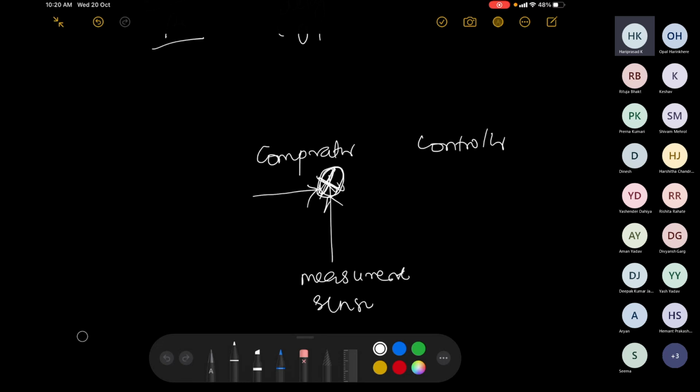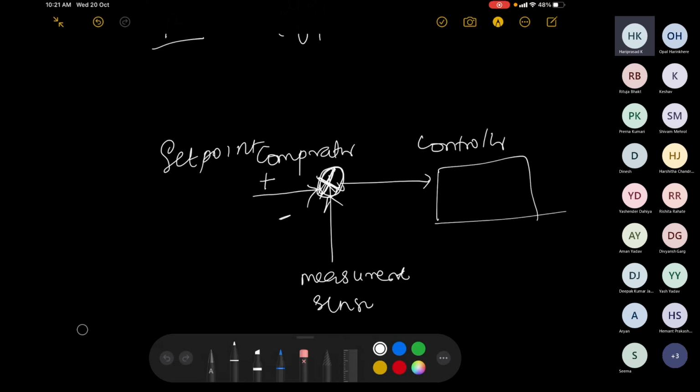You might keep a plus here because you would keep a set point, in the sense that this is your actual measurement. So you take the error, and this error is going to the controller. The controller can be anything. It could be P, PI or PID whatsoever. So let's assume you are keeping a PI controller. I'm just trying to give a perspective here.